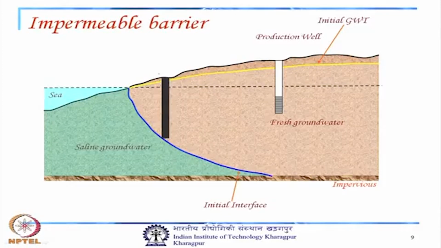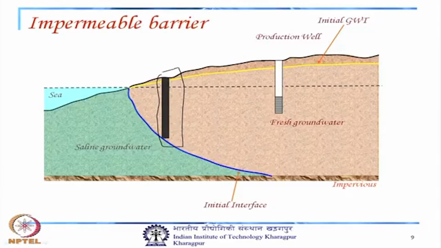And next one is the impermeable barrier. So, impermeable barrier is basically made by injecting bentonite slurry or some kind of material, so that the pores are filled with that material and the hydraulic conductivity will be reduced drastically.